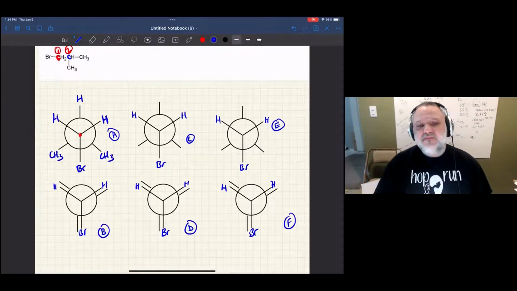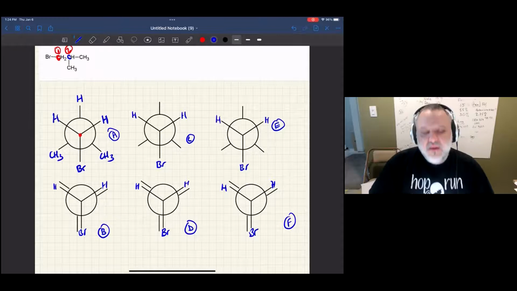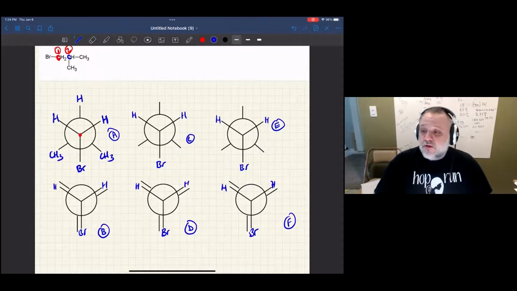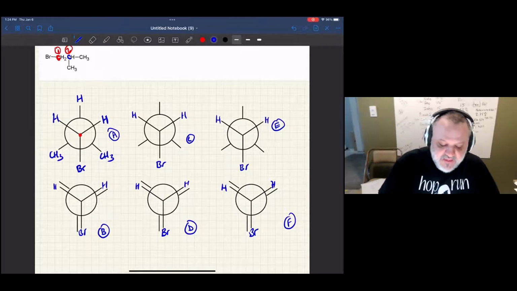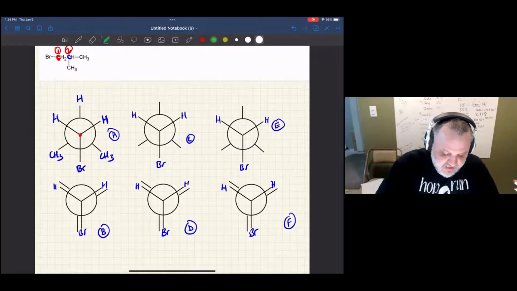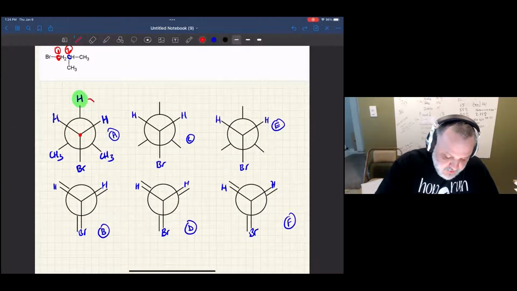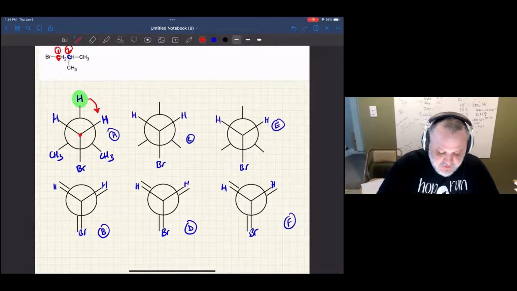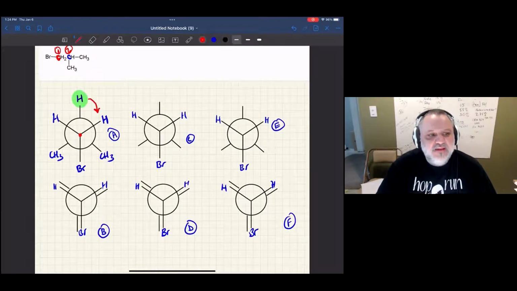Now that I have that particular structure drawn on my piece of paper, everything else does have to be consistent with that. Again, I choose by habit to rotate the back carbon. And I want to make sure that I'm representing that rotation, and I'm going to do it clockwise.